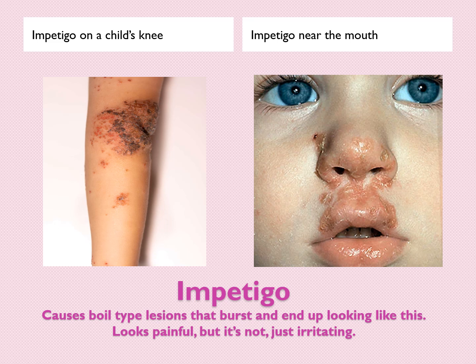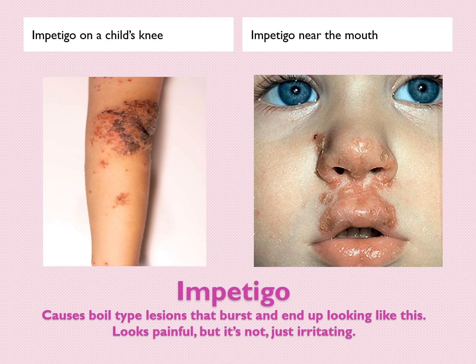Now the picture on the left, that impetigo on the knee of a child, is the one that is the concern, because in those areas where skin is rubbing and can stretch and fold, that is going to be where the infection can kind of open up blood vessels and lead to secondary infections.